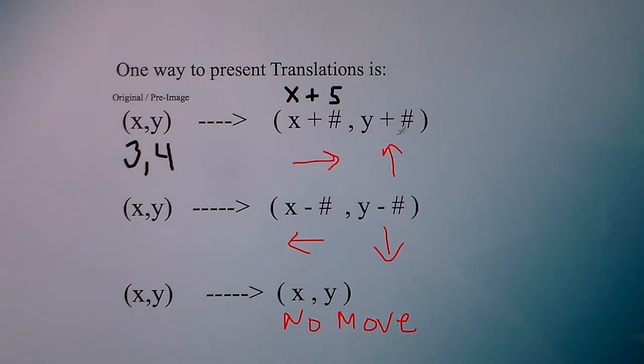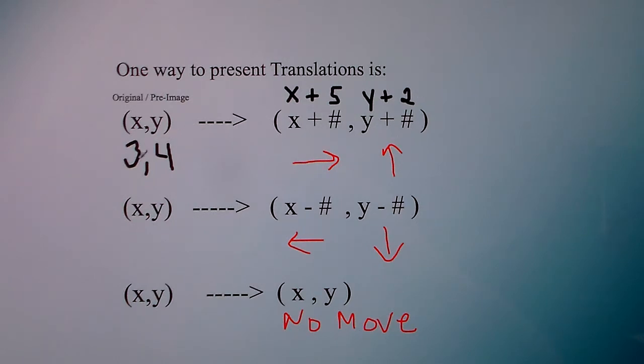Now when we do y plus a number, let's say y plus 2, that's saying I'm moving 2 up. So y plus means up. So y plus 2 means you're going up 2.